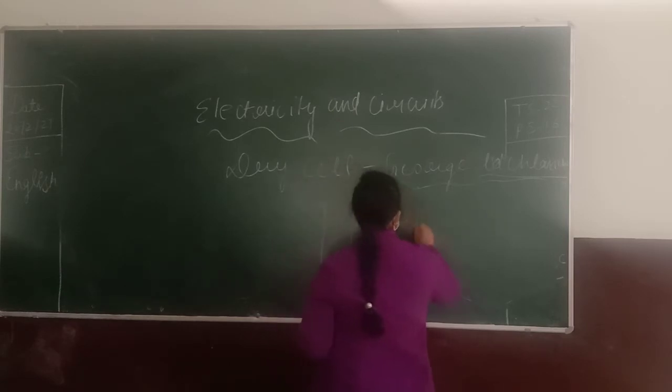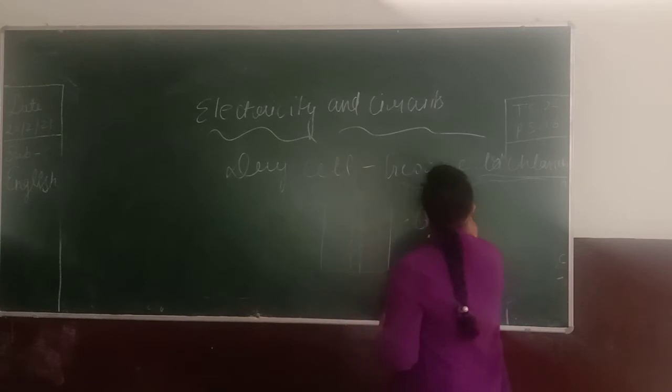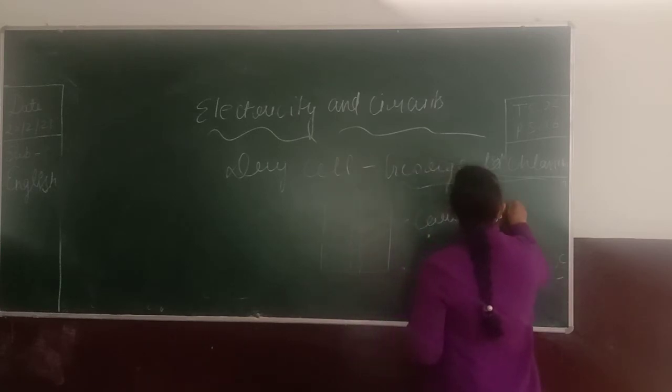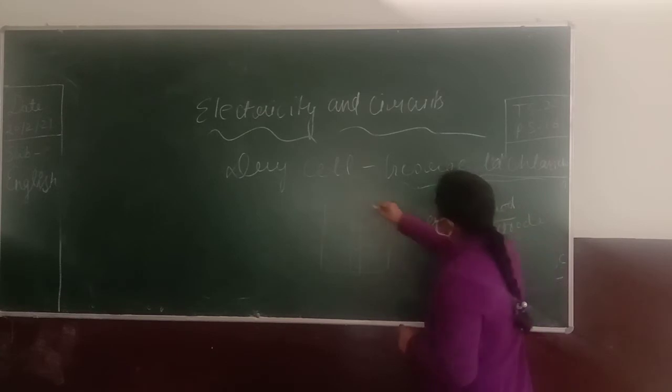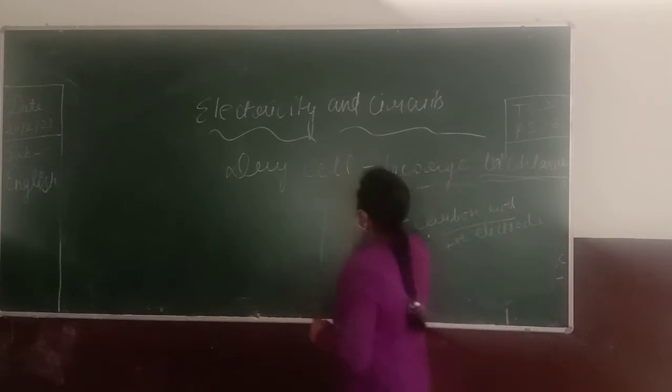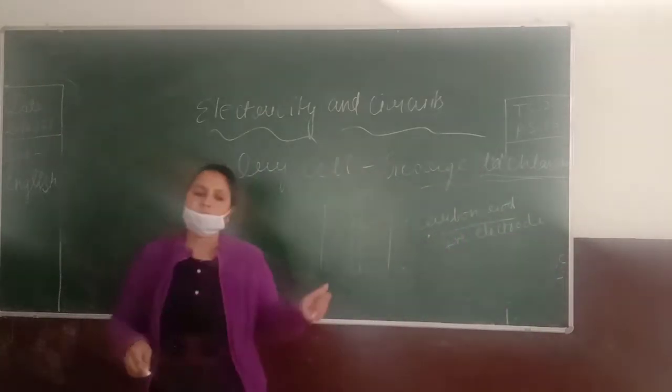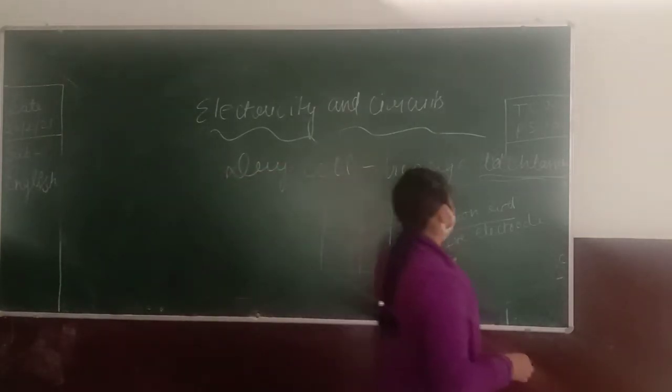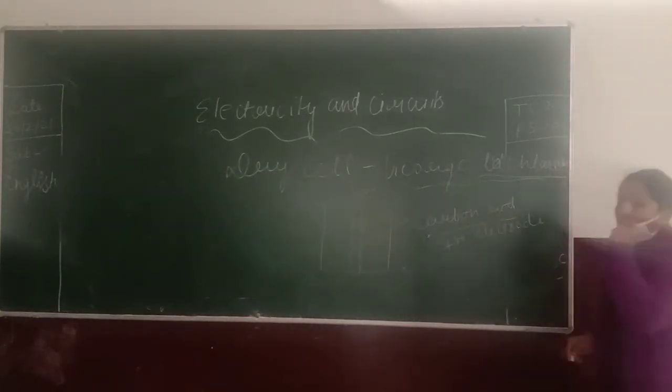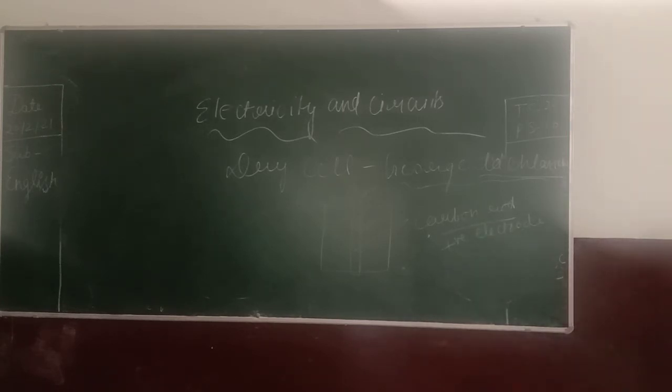This rod is called carbon rod. It is a positive electrode. That's why this terminal is called positive terminal, because it is connected with the positive electrode, that is called carbon rod.